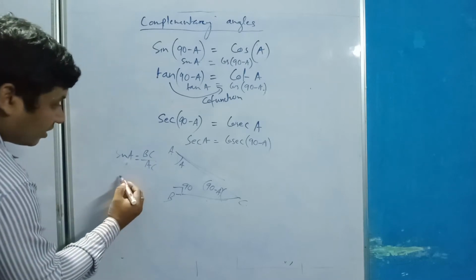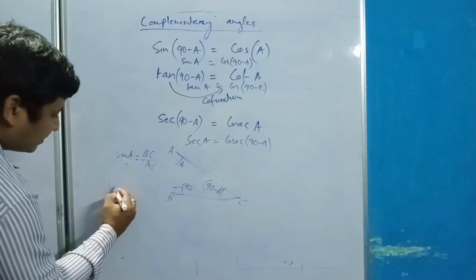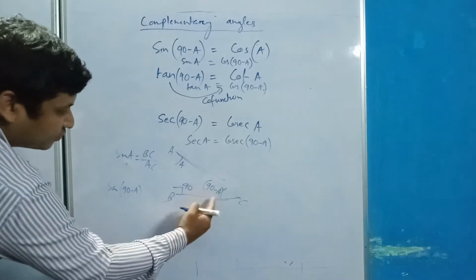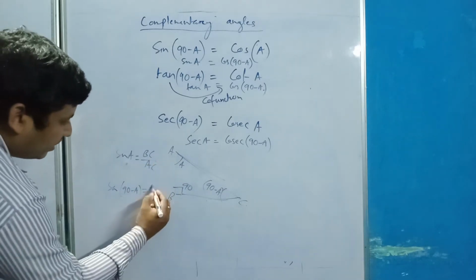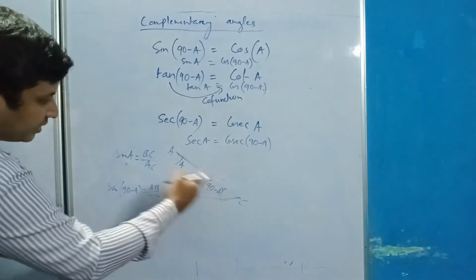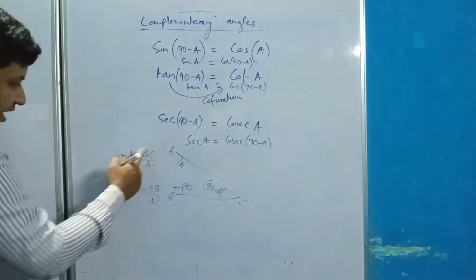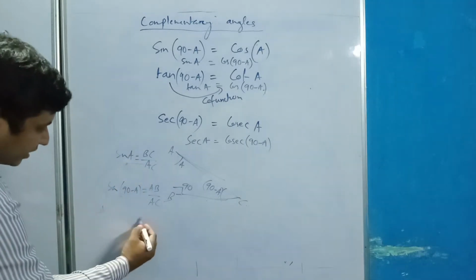Next, sin a is this one. Next, for sin 90 minus a, the perpendicular is AB, so AB by AC. Now, if I have to find BC by AC, what can be written?